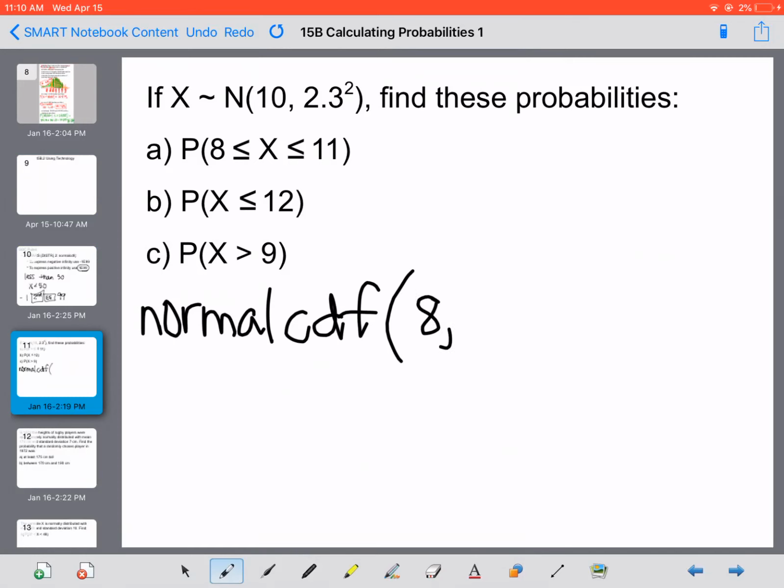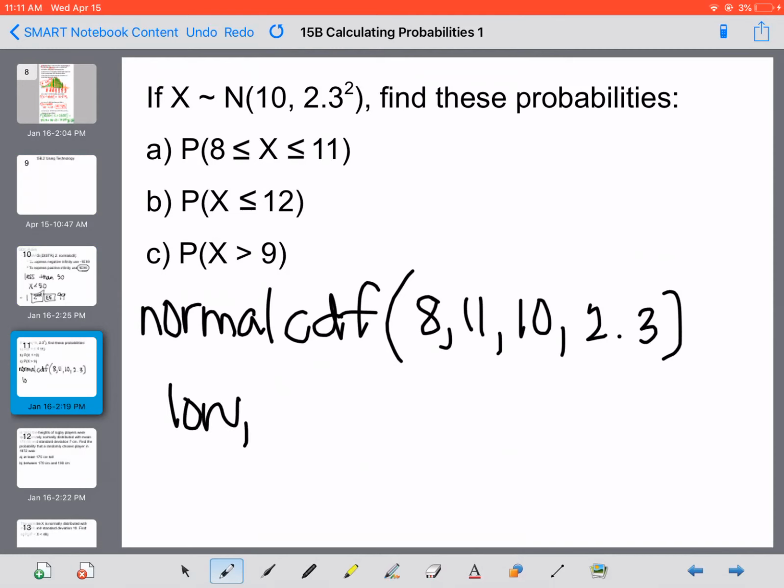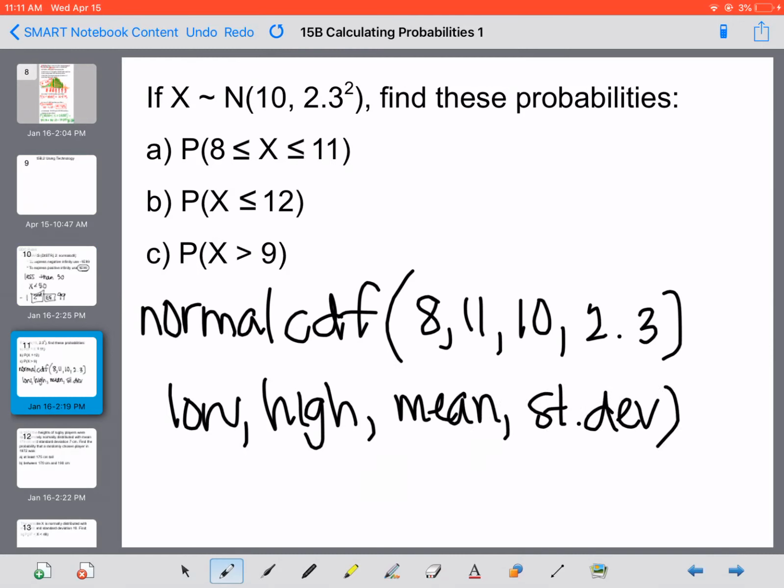You're going to say 8, 11, 10, 2.3. So it's essentially something to remember. It's going to be your low, and then your high, and then your mean, and then your standard deviation. That's how we're going to type that into our calculator every single time.